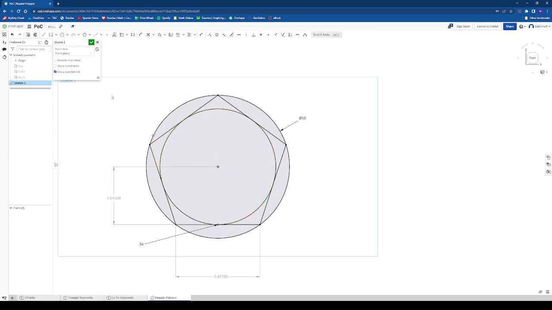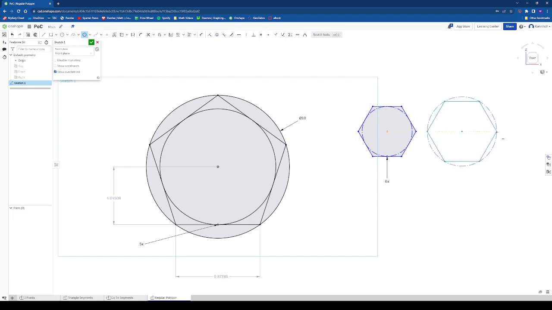In fact, in a program like OnShape, when you go to draw a polygon, if I want to draw a regular polygon, I have to specify if I want to draw it by its inscribed radius or its circumscribed radius. So if I draw an inscribed polygon, then the dimension that I'm defining is going to be the radius or the diameter of that circle inside of the shape. Whereas if I draw a circumscribed one, it's going to be the opposite.